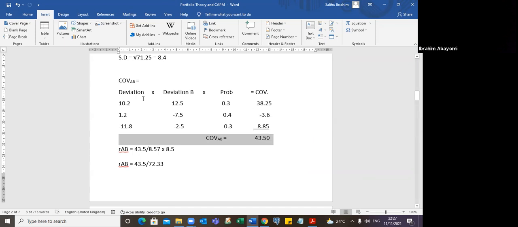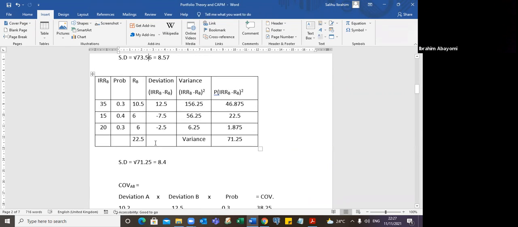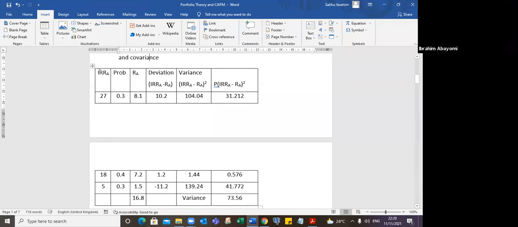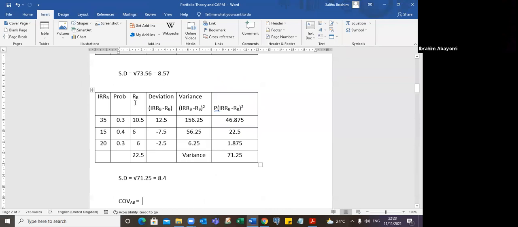You can see deviation of A times deviation of B. So if I'm dealing with covariance with the market, for example, I may have A as a share. Now I want to look at the covariance of investment A with the market. So where I have B here, I should have the market return.